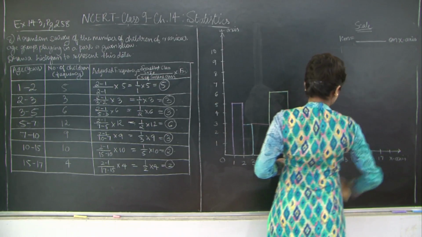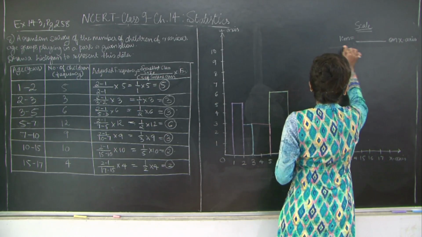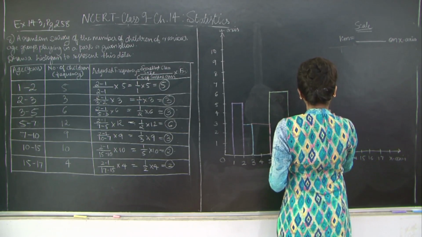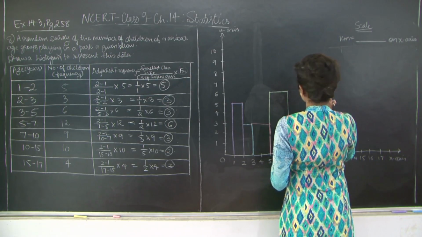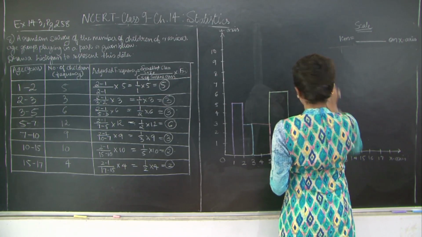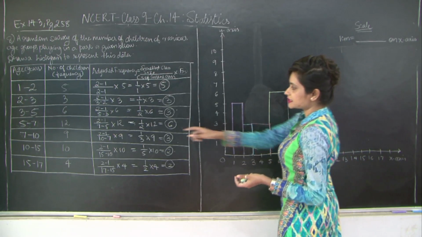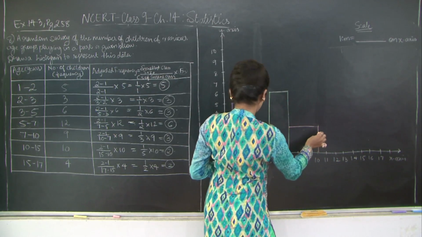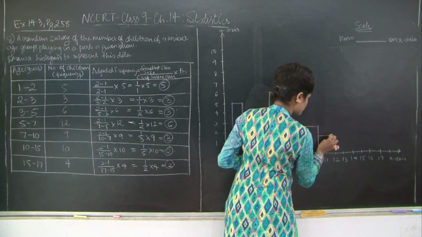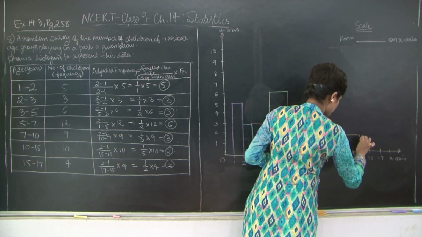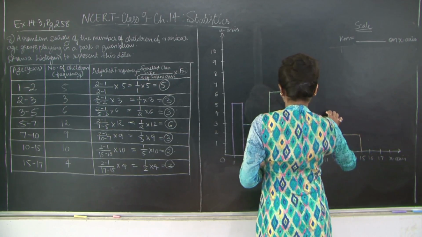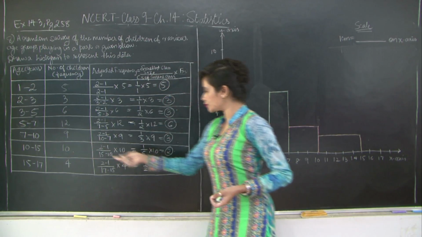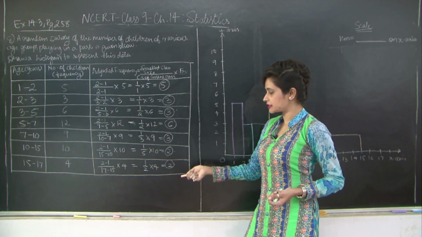We will rewrite it later. I'm sorry, this is 10 to 15 and 2. So 10 to 15 and 2 will come here. What I did is I was making the mistake of taking this frequency as 10. We have not got to take this, we have to take this because this is the adjusted frequency.